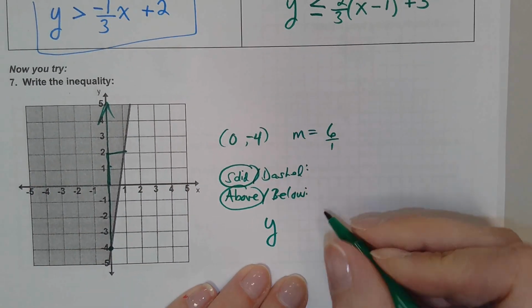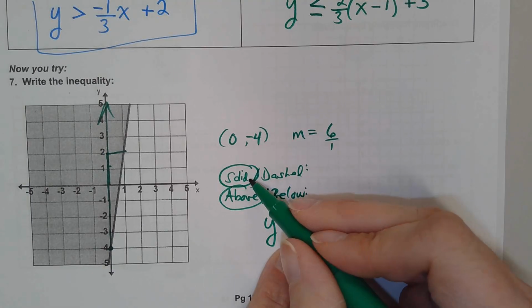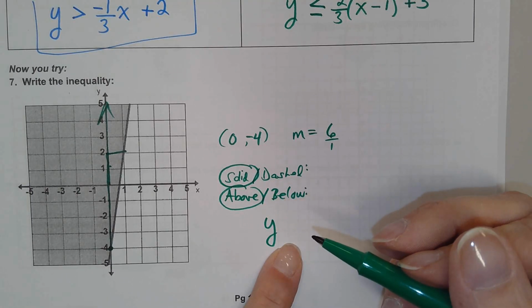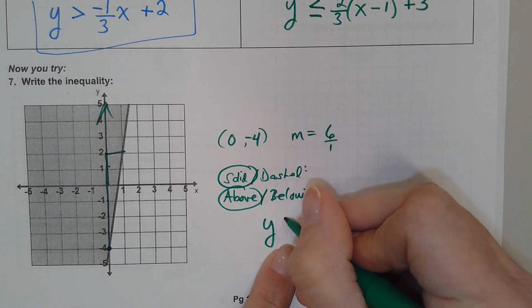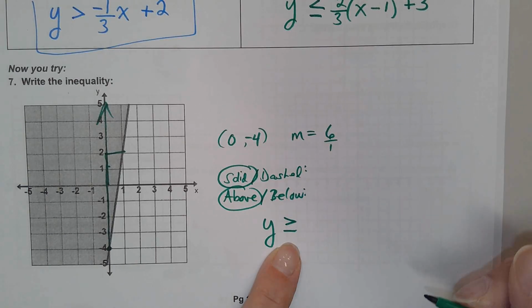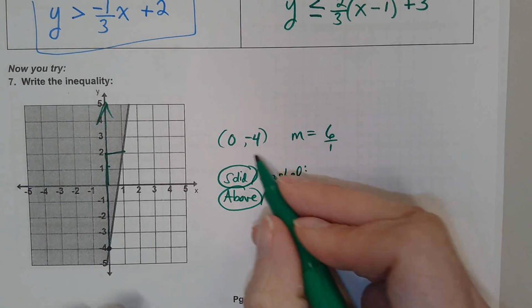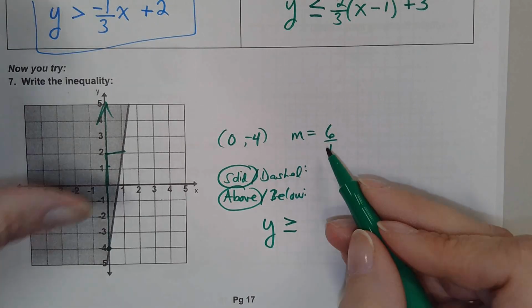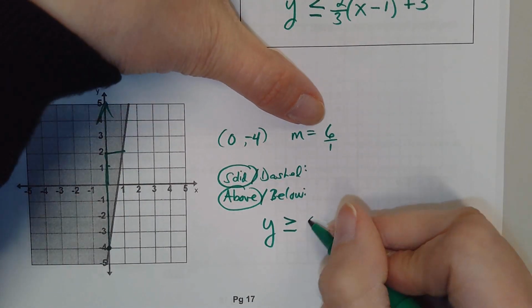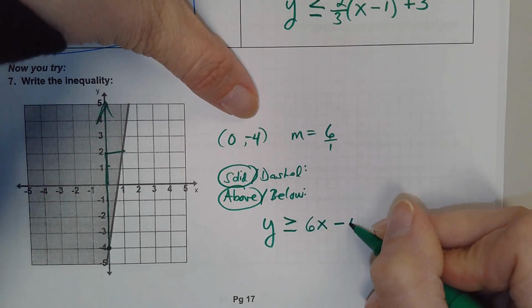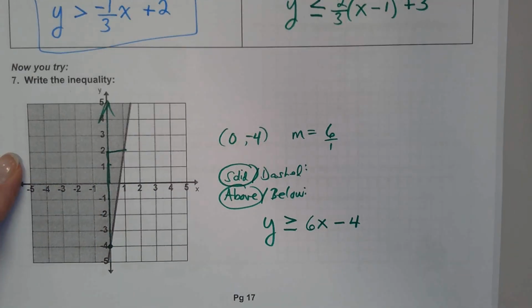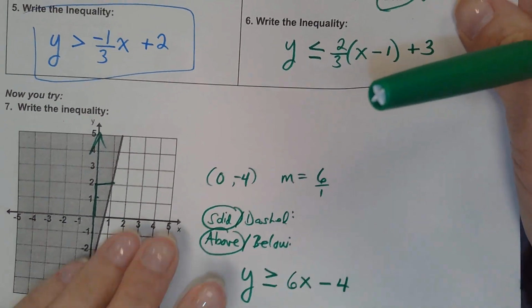So what is the correct inequality symbol for solid above? Greater than and equal to. And now we write the equation mx plus b, 6x minus 4. Great job, Matt.